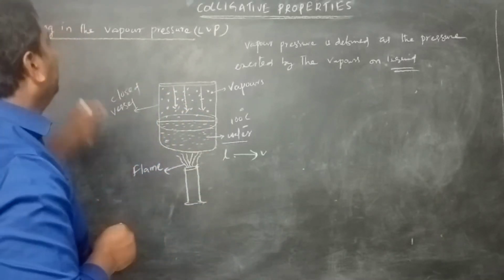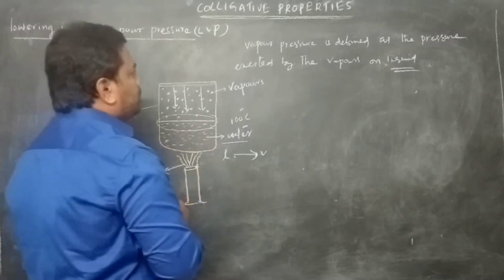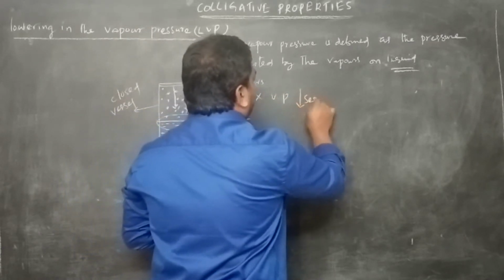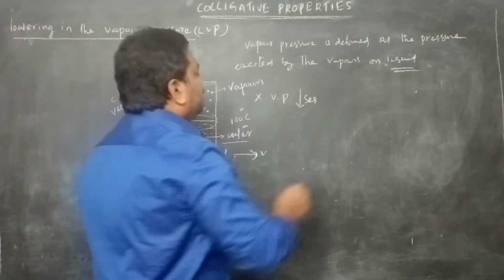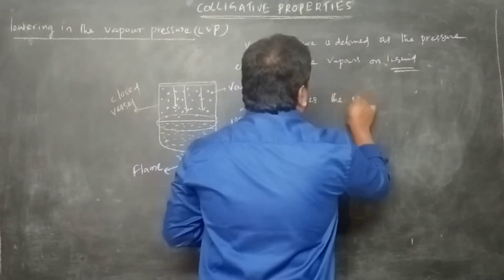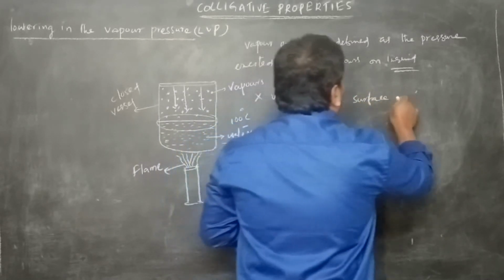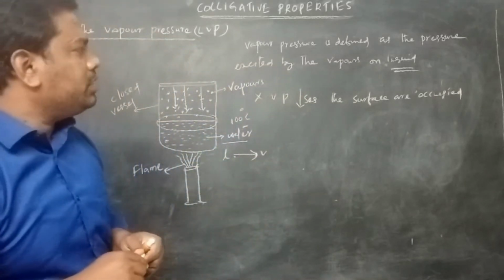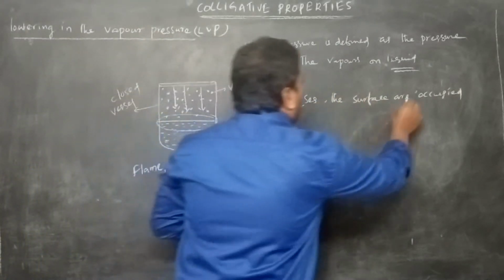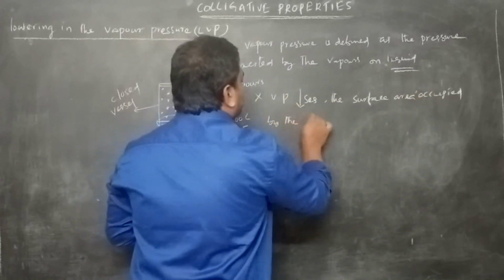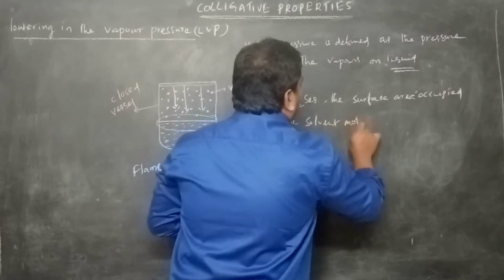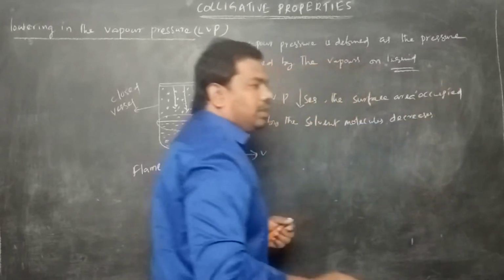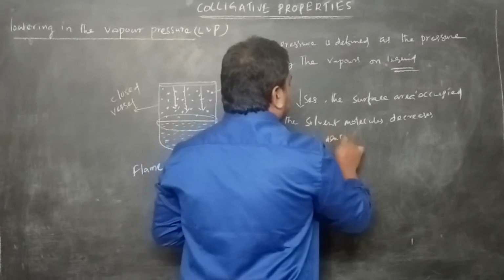Okay, clear, students? One more thing: the vapor pressure decreases as the surface area occupied by the solvent molecules decreases, so therefore density increases.